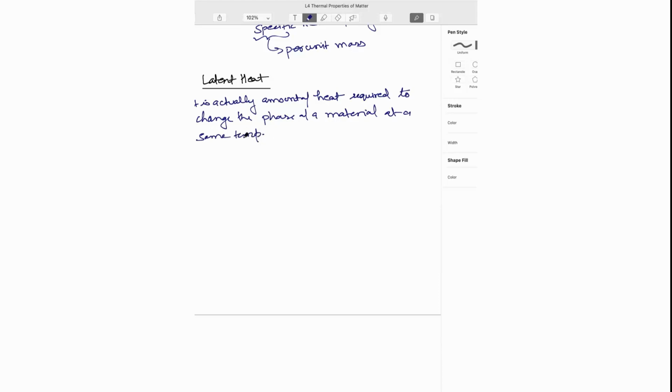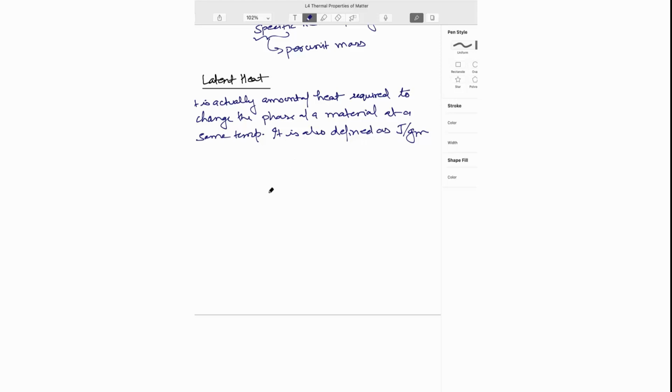Latent heat is also defined per unit of mass, in joule per gram.